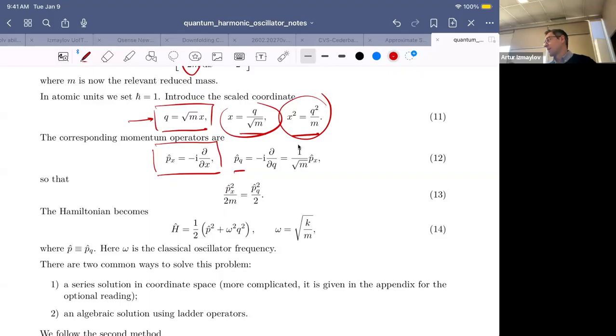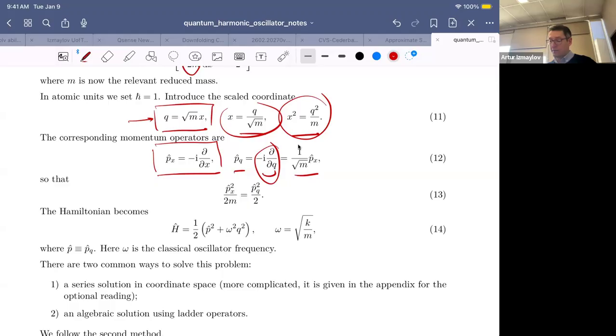Well, they are both rectilinear coordinates, so one is just a scale of the other. So you use the chain rule, right? The derivative with respect to q takes the square root of m out because it's still a first derivative.